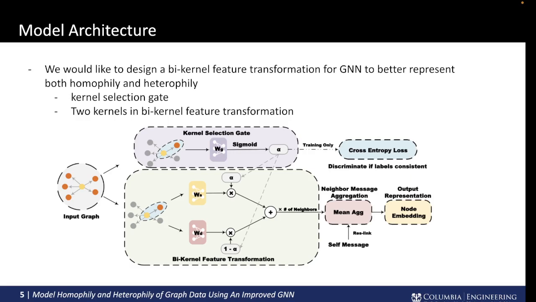The bikernel feature transformation trains WS and WD, namely the weights to capture the similarity between nodes and the weights to capture the dissimilarity between nodes. It uses the signal alpha from the former module to combine these two W in the process of message passing, then does mean aggregation, finally producing the node embedding. In the training phase, we have an additional cross-entropy loss to train the selection gate with supervision.